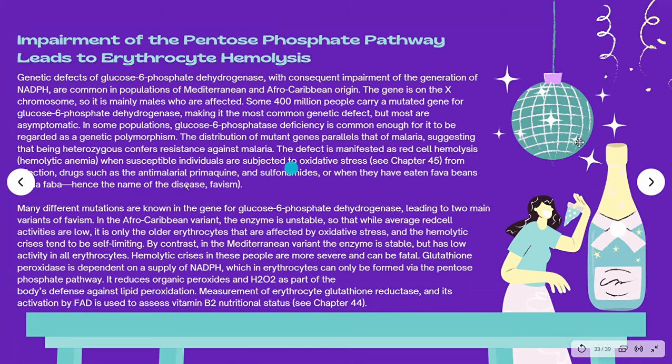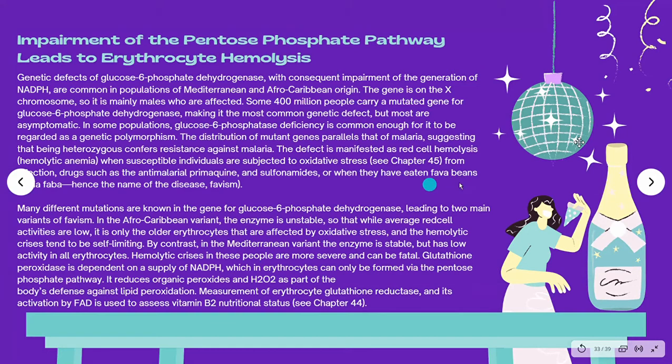Now, because they were given antimalarial drugs and sulfonamides, like sulfathiazole, sulfadiazine, sulfamethazine, sulfanilamide. So the sulfa drugs. No? And when they have eaten fava beans, and we do not have this.